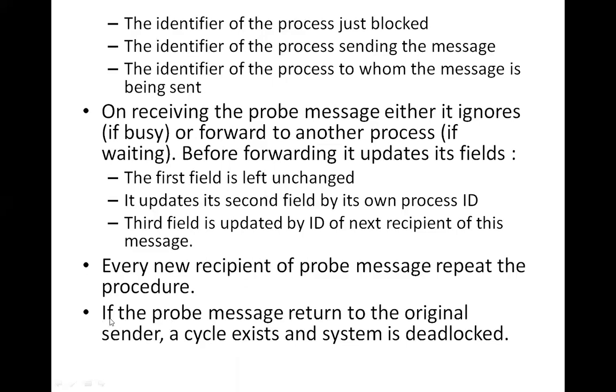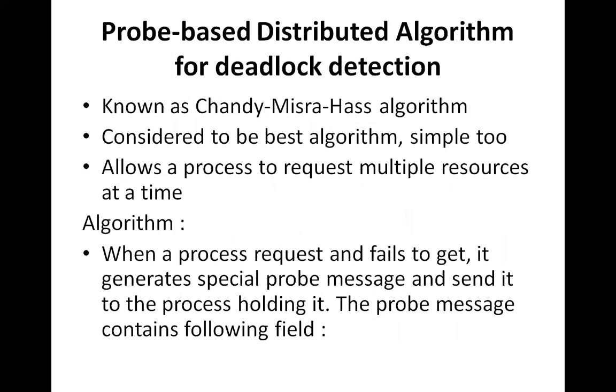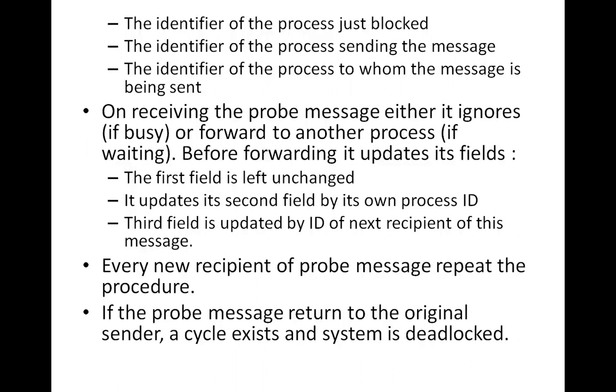And ultimately, if the probe message returns to the original sender, it means there is a cycle and the system is deadlocked. So first, the process sends a request. If it fails to get the reply, it will send a probe message, and the probe message contains these three identifiers.